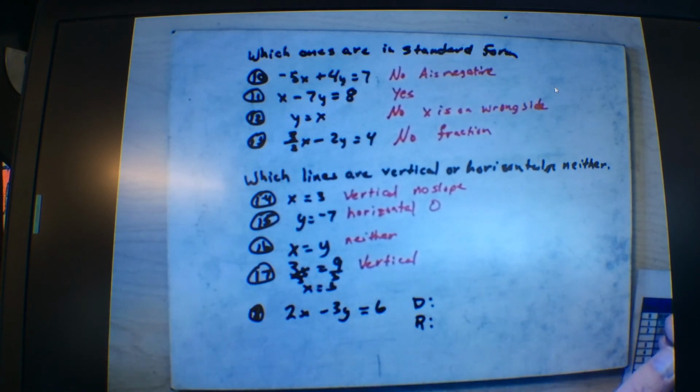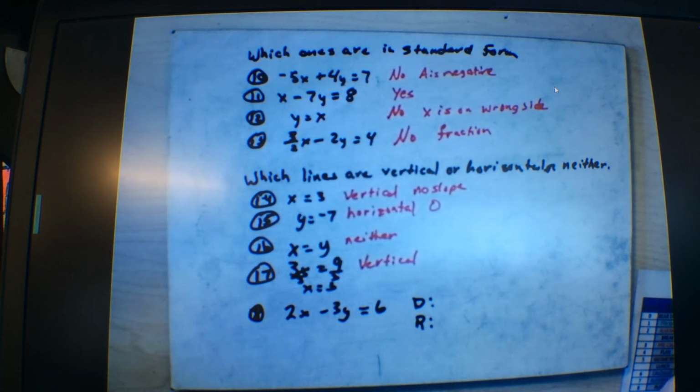Is it vertical? Yes or no? Chuck, you have a 50-50 shot. We just went through vertical lines. Is it vertical, Chuck? No. It would have to be x equals some number, right? Do you see it just an x? No. You understand that, Charlie?